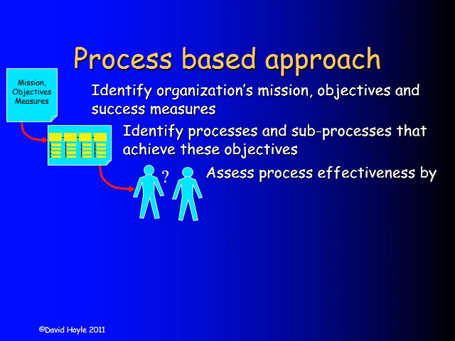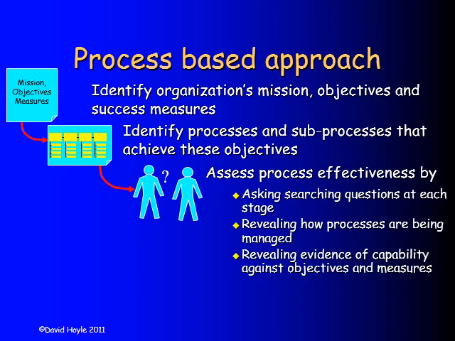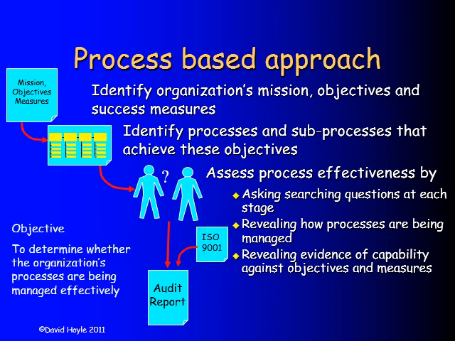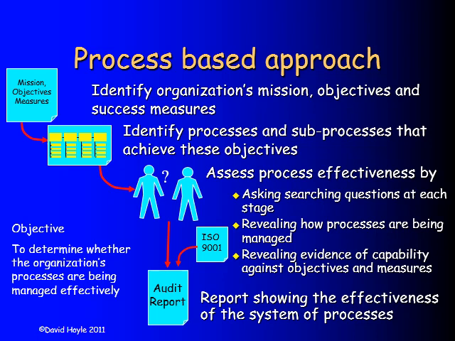We assess process effectiveness by asking searching questions at each stage, revealing how processes are being managed, revealing evidence of capability against objectives and measures, the result being a report that takes as its input the answers to those questions plus the requirements of the standard. The objective is to determine whether the organization's processes are being managed effectively, and therefore the report will show the effectiveness of the system of processes.